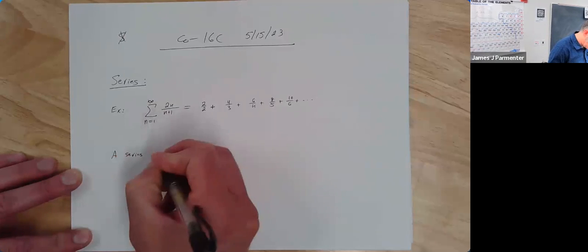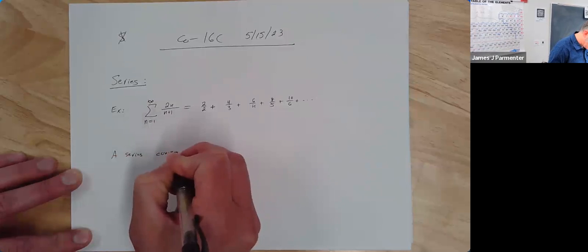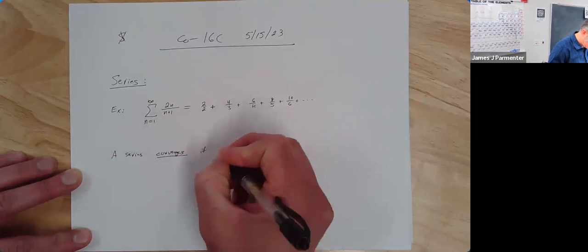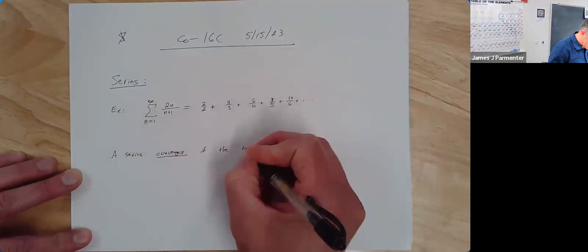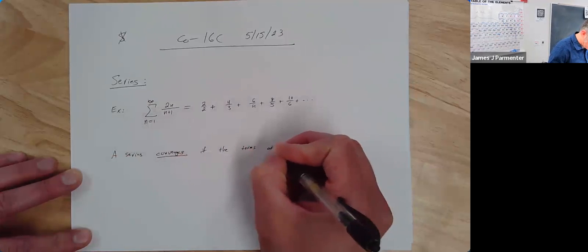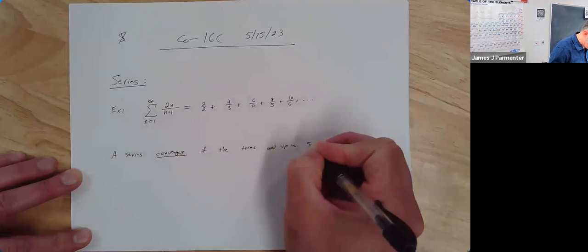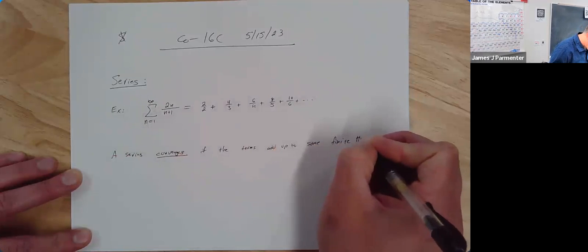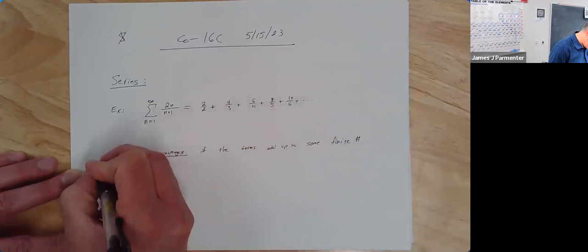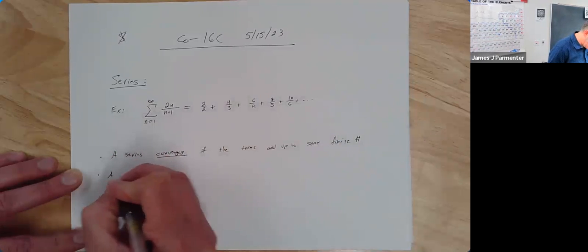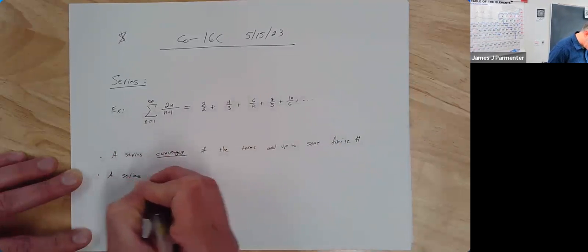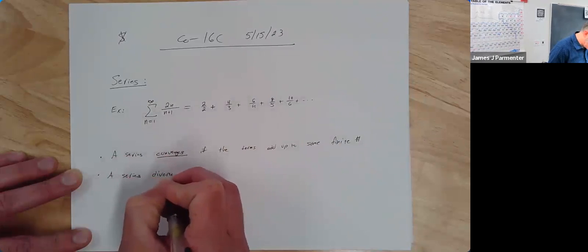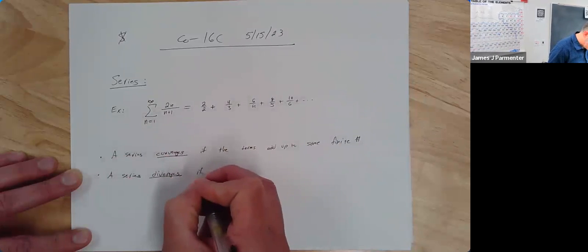Series converges if the terms add up to some finite number. Series diverges if it doesn't converge.